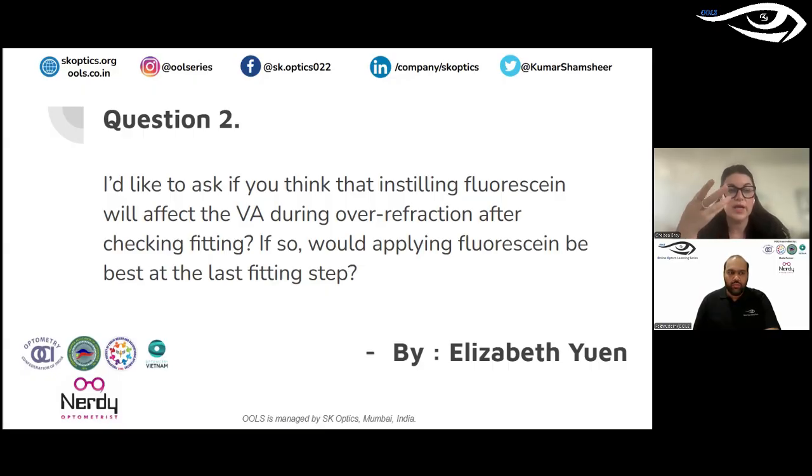So we'll check vision first, do the over-refraction, and then I typically will go to the slit lamp first without fluorescein, and just observe what I can there and do OCT if I need to, and as a last step before I take that lens off to evaluate the eye underneath the lens.